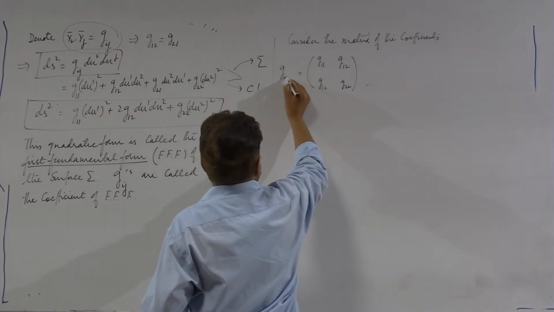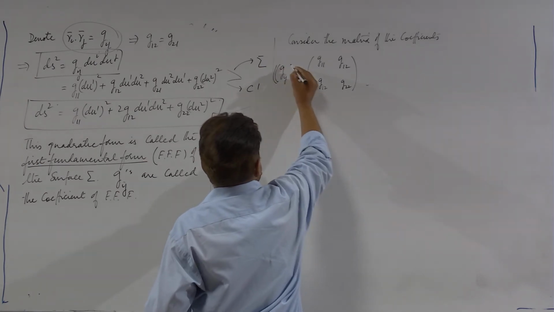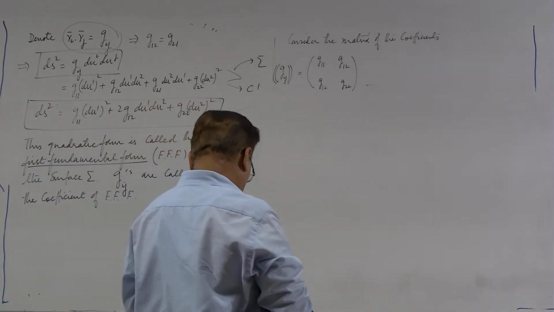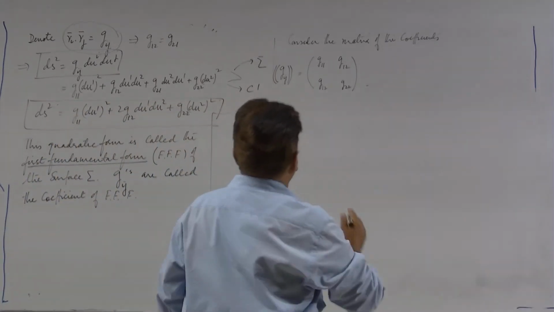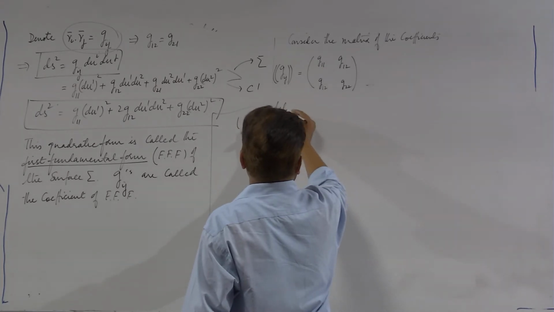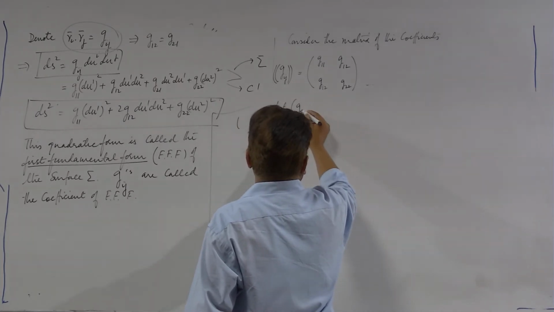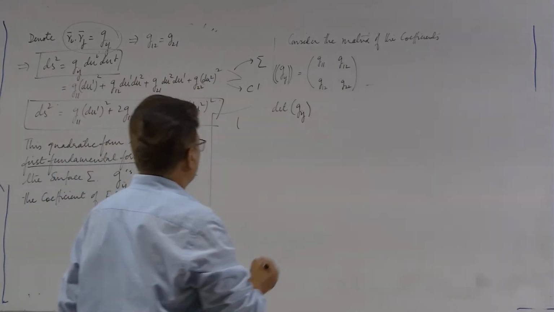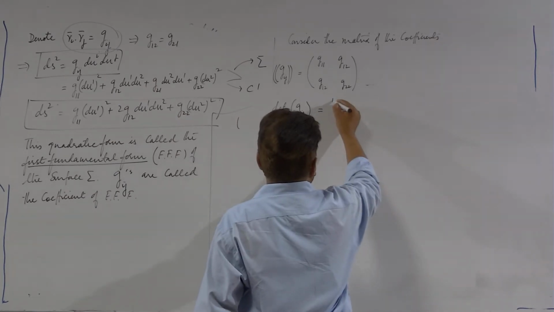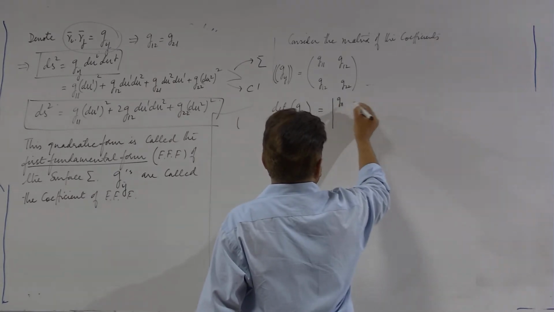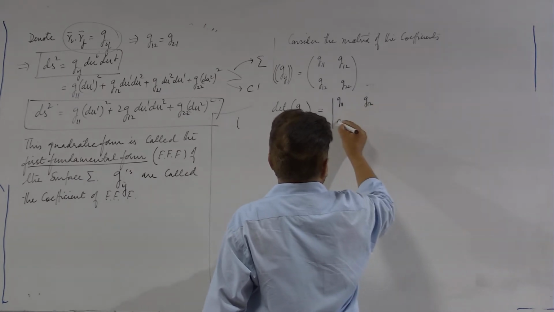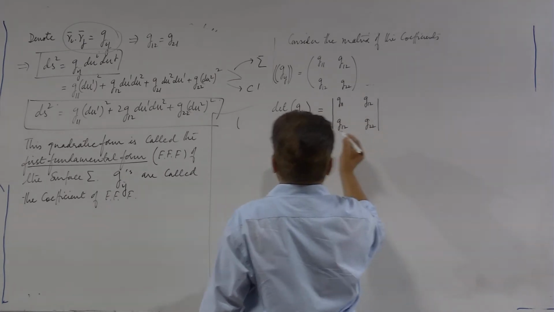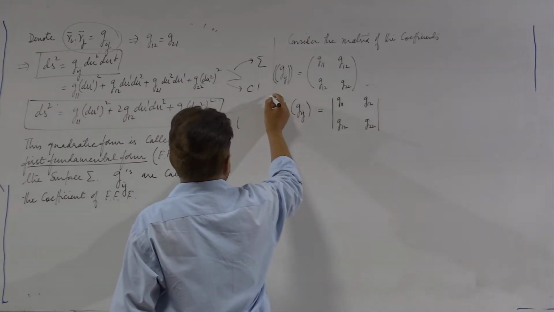You can also write this matrix in a shorter notation. This is the matrix of Gij, and its determinant, the determinant of Gij, is called the discriminant of the first fundamental form. It is nothing but the determinant of G11, G12, G12, G22, and we will denote this by a symbol.